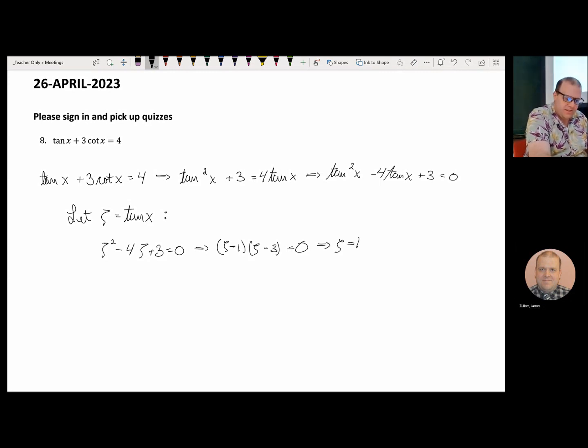Zeta would be 1. Or zeta would be a, doesn't look like a zeta. Zeta equals 3. But zeta is tangent.